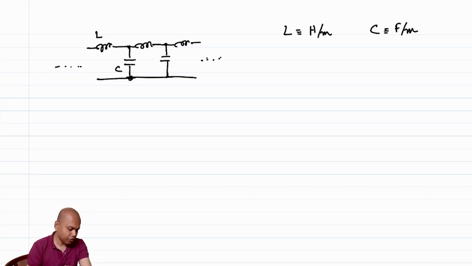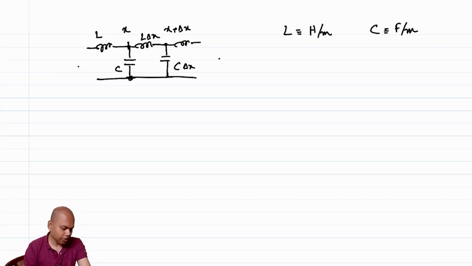Now if we say that we are sitting here at x, and this is x plus delta x, it essentially means that the inductance is L times del x, and the capacitance is C times del x.